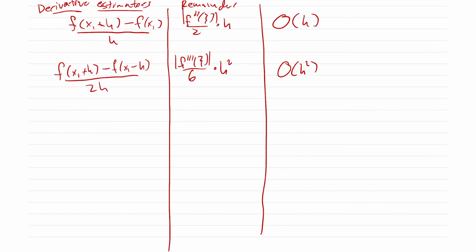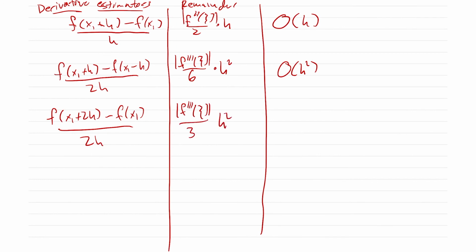Then we saw that if we took f of x1 plus 2h minus f of x1 divided by 2h, again we had f triple prime xc divided by 3 this time times h squared. And so this was also big O of h squared. And so we saw that this is ultimately the best for the absolute error.